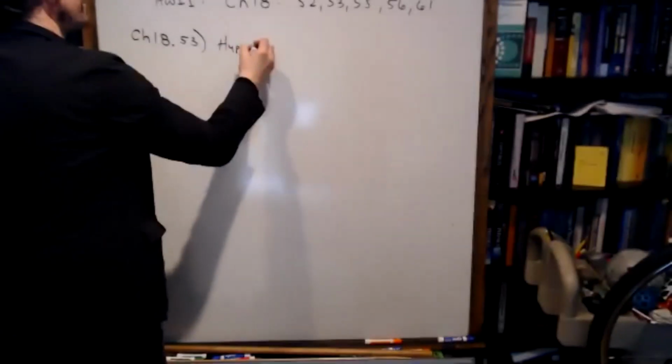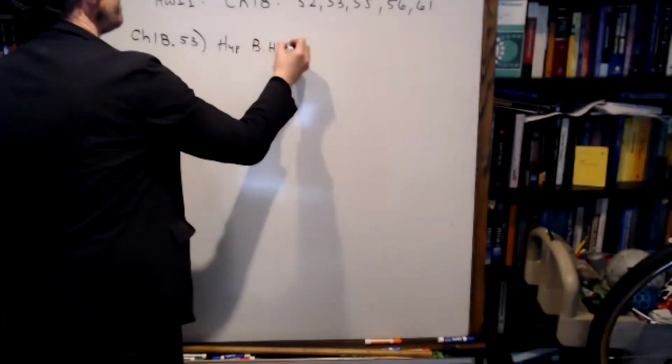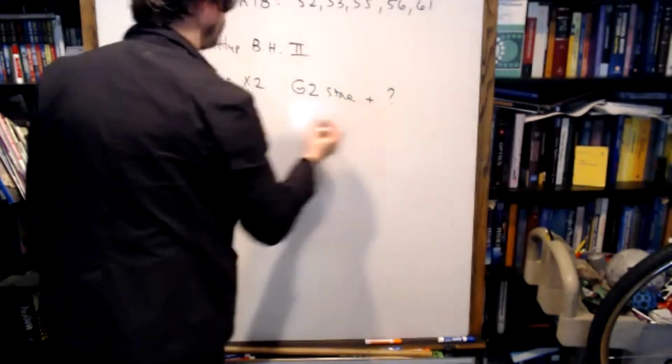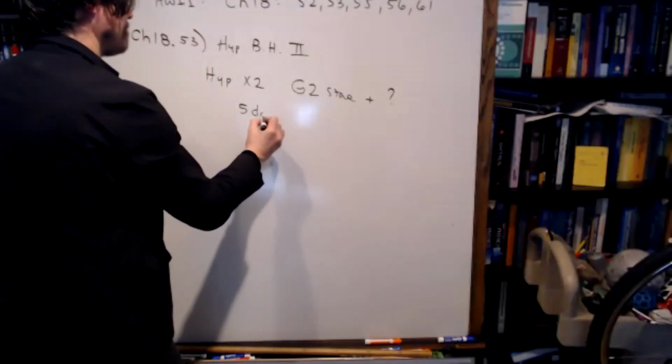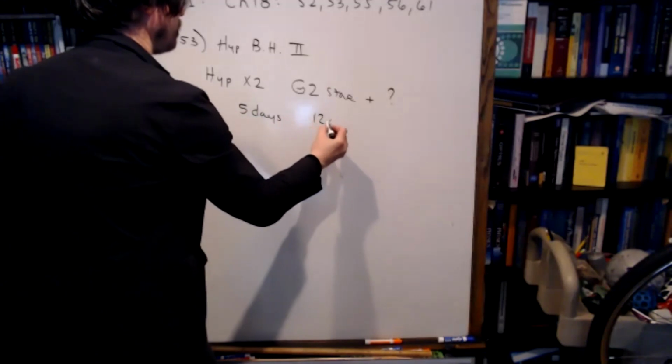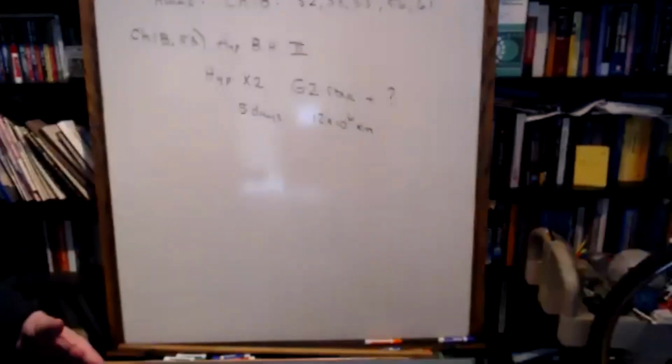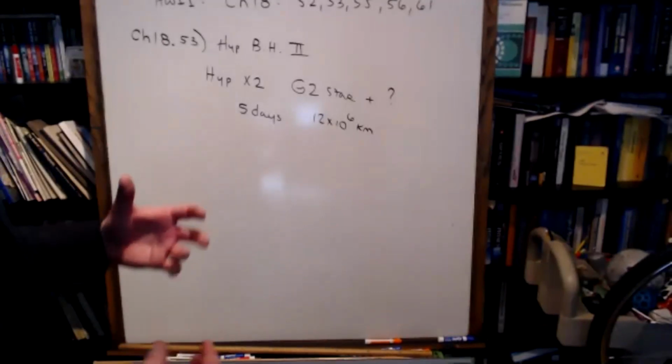This is called a hypothetical black hole 2? Yeah, black hole 2. Yep. So this is Hype X-2. This one's a G2 with an unseen companion. Period of 5 days and a distance of 12 million kilometers. But same questions otherwise. Basically, I assigned these two to be the same for a reason.